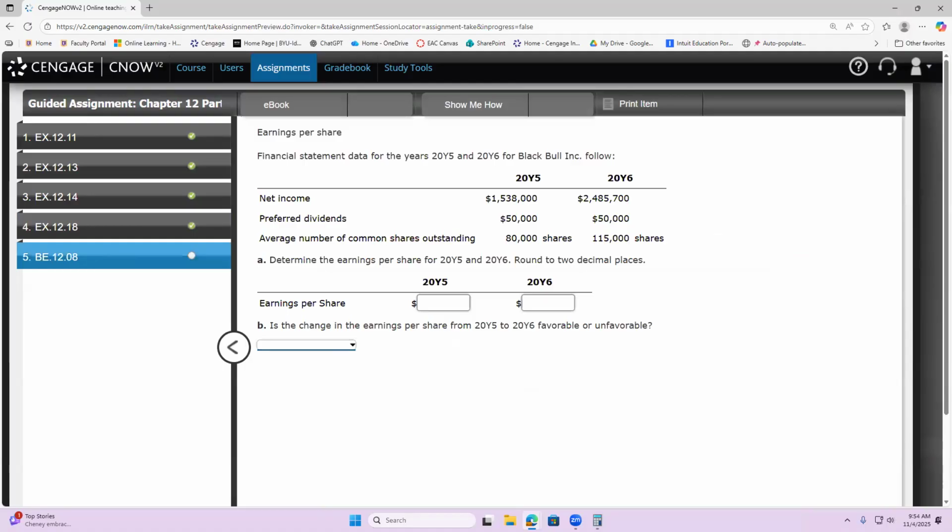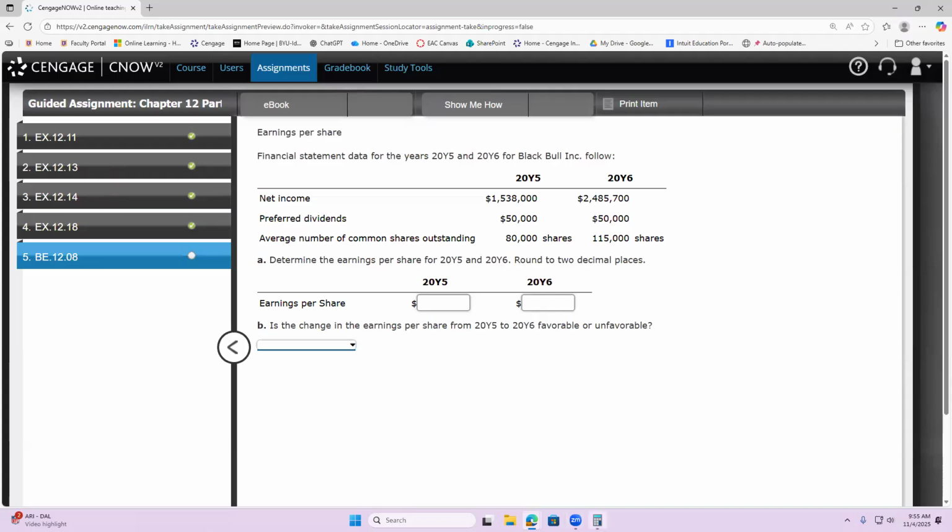All right. So here's financial statement data for Black Bull Incorporated. I don't know if they're like a rival product to Red Bull. Anyway, it gives us the net income, the preferred dividends, and the average number of common shares outstanding. So actually, we don't have to figure out the average, it's telling it to us.